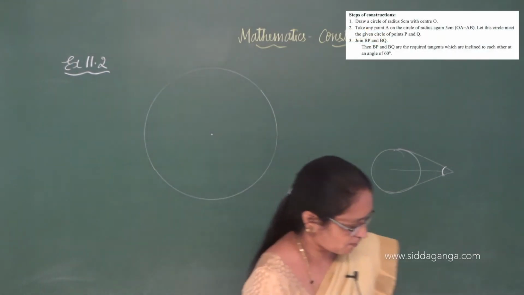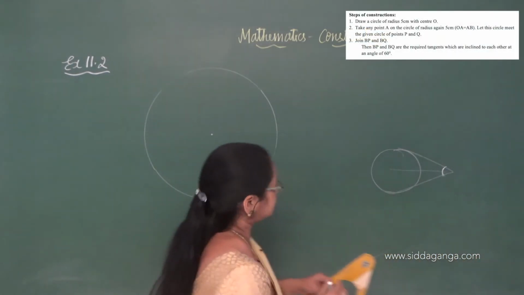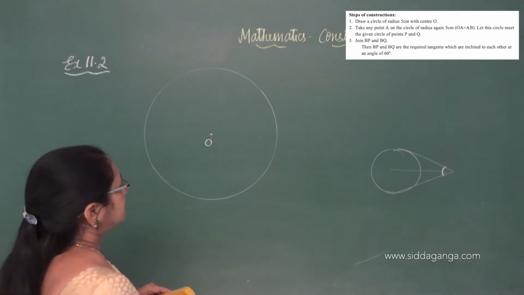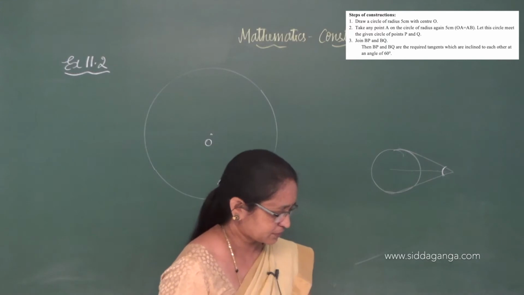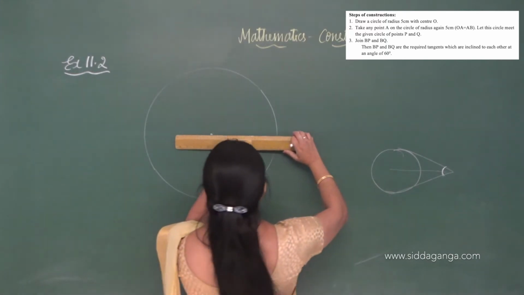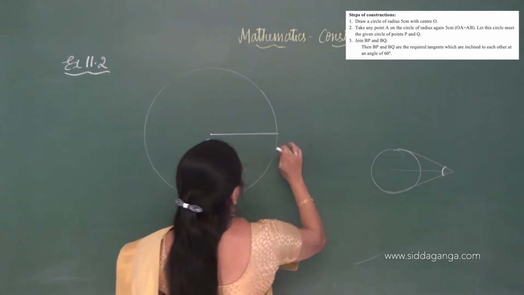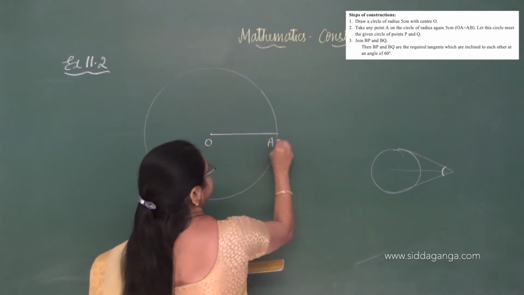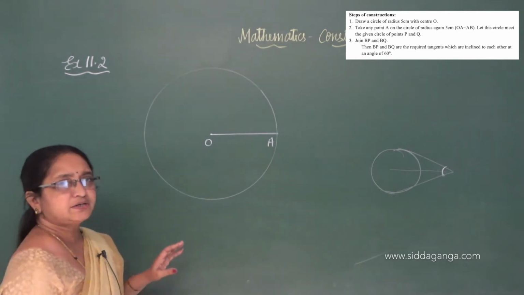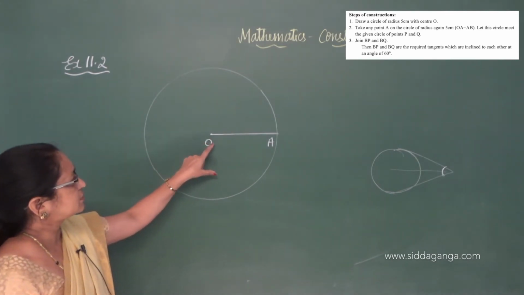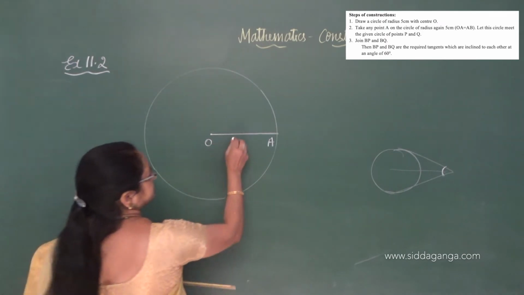Okay, now I will keep this center as O. Now I will draw a line here, it is a radius, and let this point be A. What I did first, I drew a circle of radius 5 centimeter.